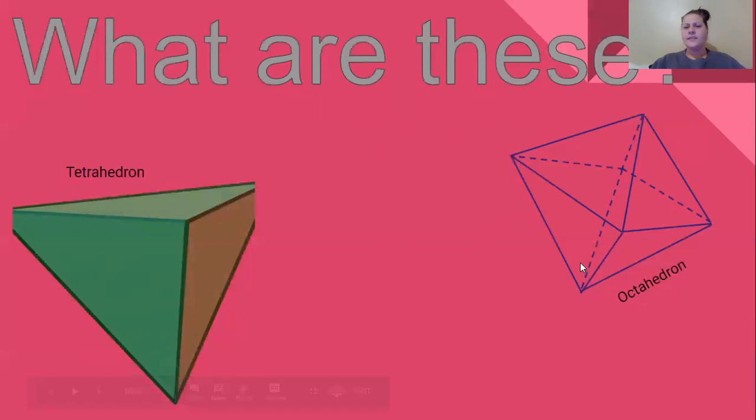We have 4 faces. 1, 2, 3, 4, 5, 6, 7, 8. So we have 8 faces. We have 6 vertexes. 1, 2, 3, 4. This top point and this bottom point being 5 and 6.